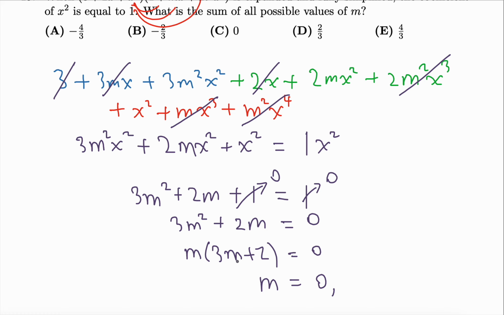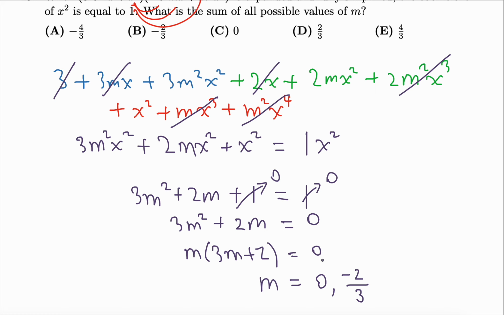And then it could be negative 2 over 3, right? I just set each of these factors to 0 because 0 times the other factor will give us 0. So I can set each of these factors to 0 and solve for m. And these are the answers I get.